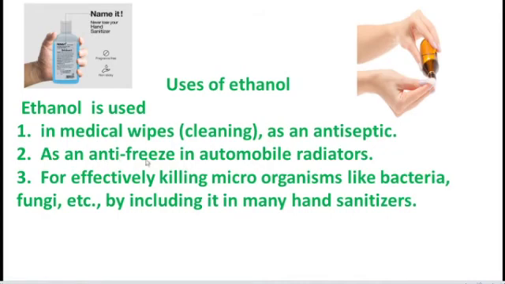It is used for effectively killing microorganisms like bacteria, fungi, etc. by including it in many hand sanitizers. This is an important use. The hand sanitizers are used nowadays.